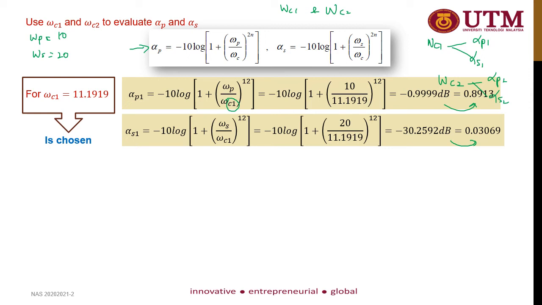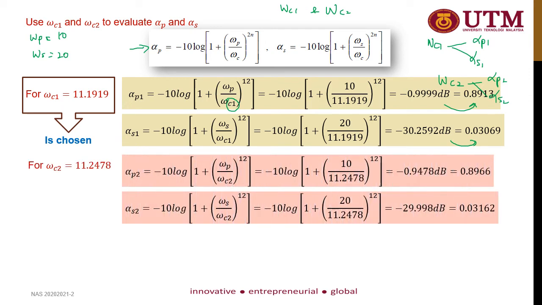Okay, once you have completed alpha P1 and alpha S1 using omega C1, now proceed to calculating alpha P2 and alpha S2 using omega C2. So this is your omega C2. So calculate alpha P2 and also alpha S2. So now replace the omega C with omega C2.